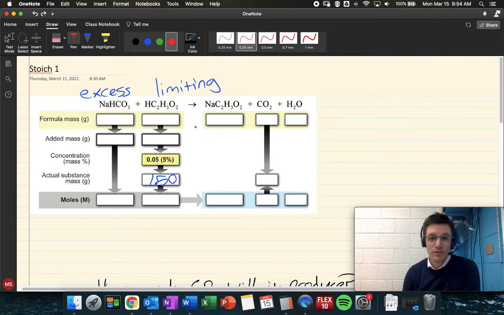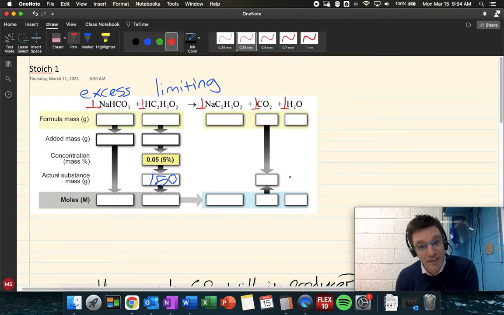And if you remember from our previous unit, we learned how to balance these. We put these empty blanks in front of each chemical, and we figured out what number goes in front, which coefficient, so that it's balanced. And this one happens to be already balanced. So that means that secretly, we didn't write them down, but all the numbers in front of each chemical are the number 1.